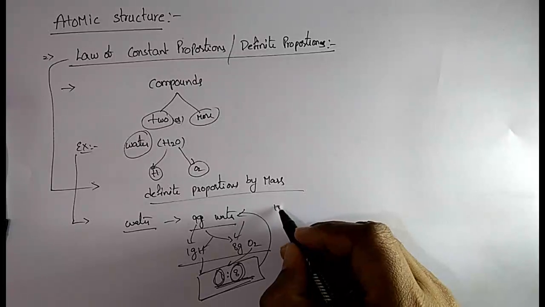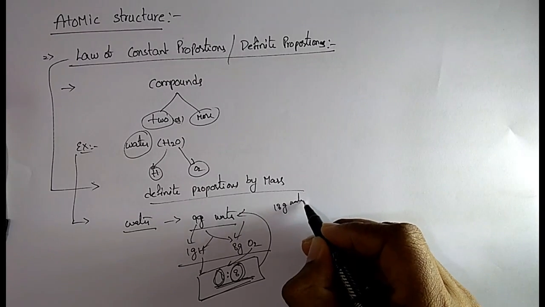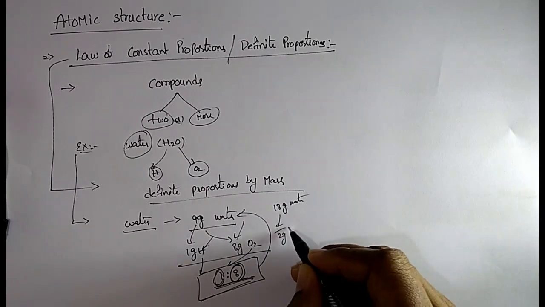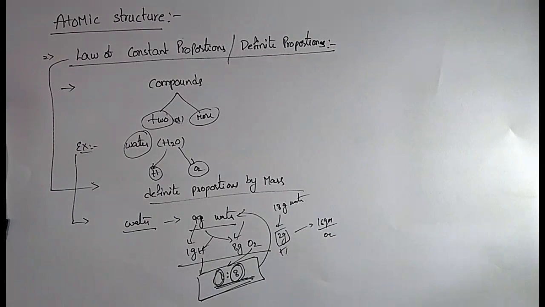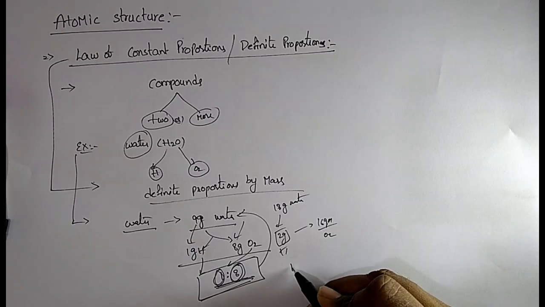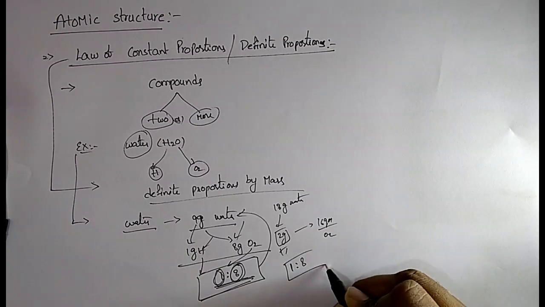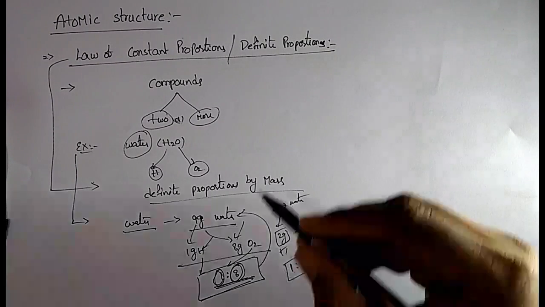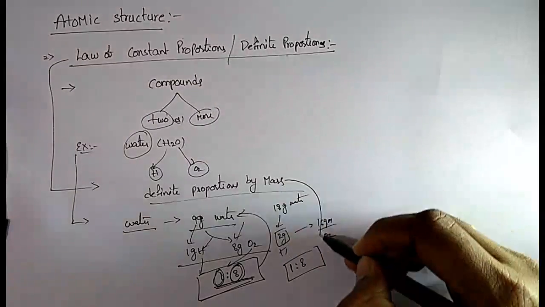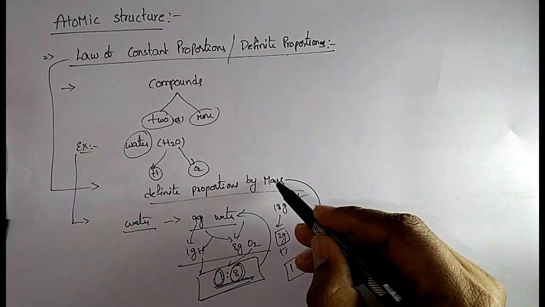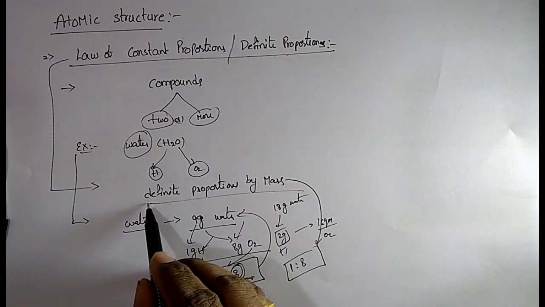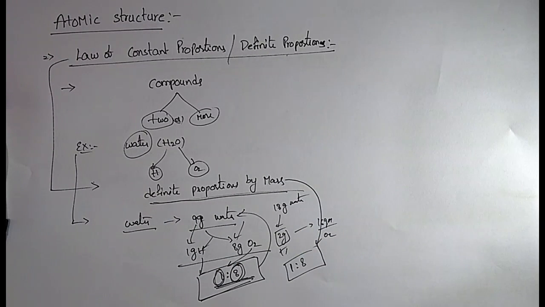If you take 18 grams of water, it is 2 grams hydrogen and 16 grams oxygen. In this way, the proportion is 1:8 only. So in any chemical substance, the elements are always present in definite proportions by mass. This is the law of constant proportion or definite proportion.